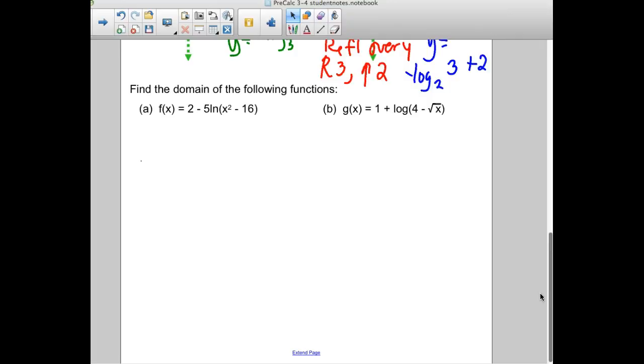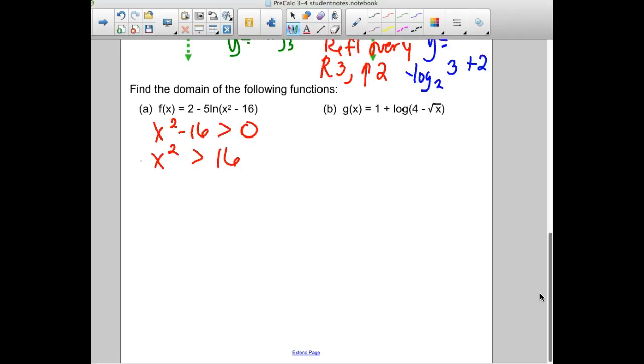All right, so that means whatever's in parentheses here, which in the first one would be an x squared minus 16, it has to be positive. Okay? So that means x squared has to be bigger than 16. Well, what kind of numbers can we square and get something bigger than 16? Anything over 4 or less than negative 4, right?